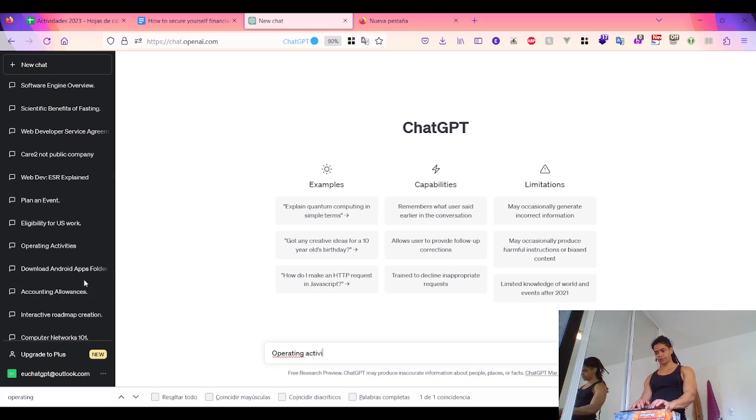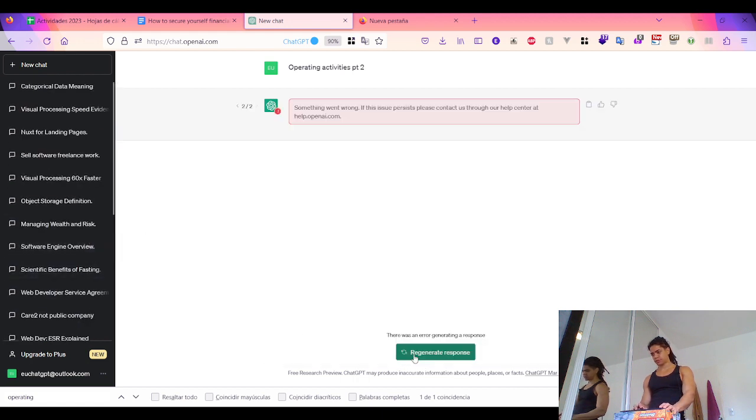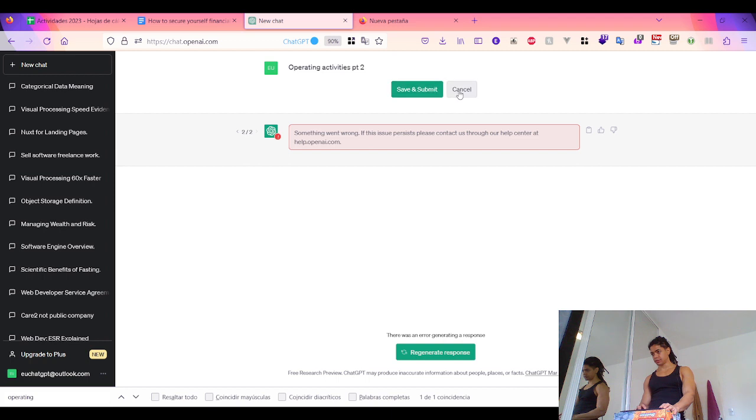Operating activities part 2. Oh my god, what the fuck? I'm blocked. Yeah, I'm fucking blocked.